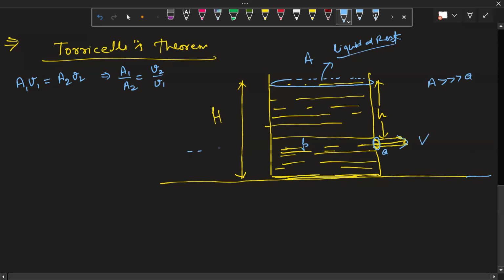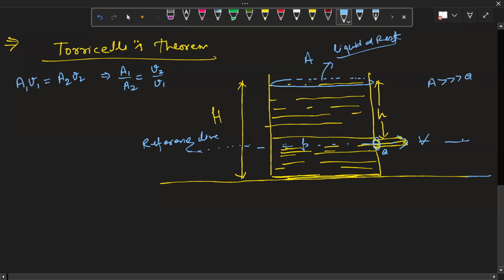I assume the level where the liquid is coming out as a reference line. That means here there is no potential energy if I take this reference line.